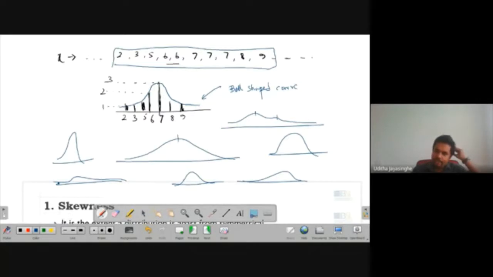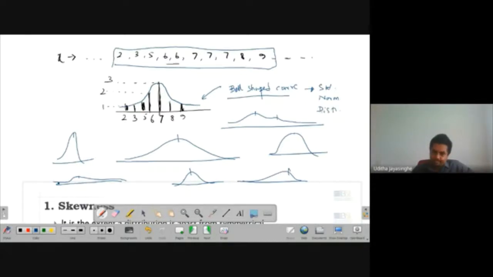And by looking at the height and the location of that bell, we can come to different conclusions as to how this data is being dispersed. This bell-shaped curve later on we will be discussing as a standard normal distribution. Did we have more than one variable up until now?